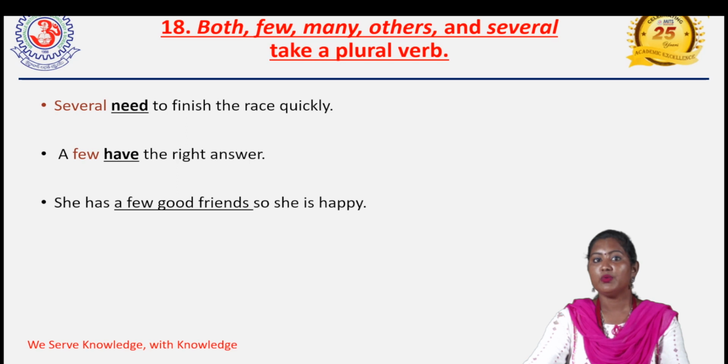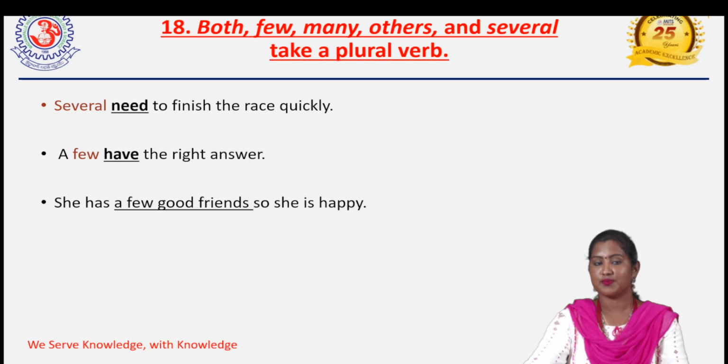A few have the right answer. Only a few have the right answer. A few refers to the plural form of the verb. We have to mention the plural verb because we are considering "a few" as a plural subject. She has a few good friends.